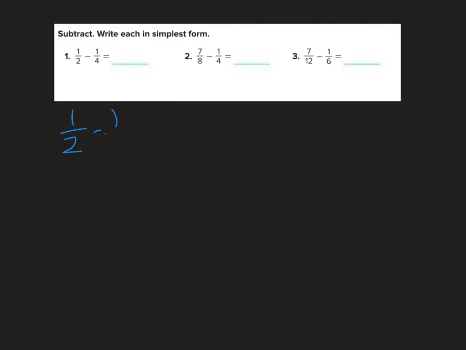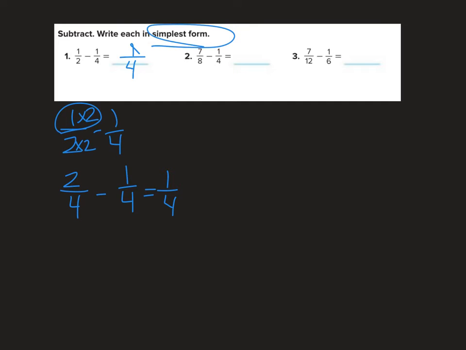1/2 minus 1/4. Okay, so I need to multiply by 2, so that I can get both fractions to have a denominator of 4. Then I'm going to multiply my numerator. Keep that. So 2/4 minus 1/4 is equal to 1/4, and it's in its simplest form.